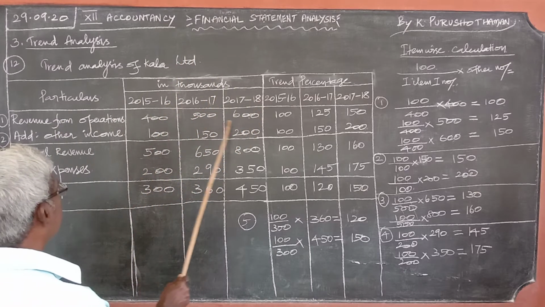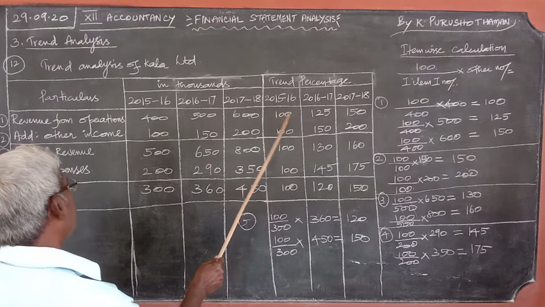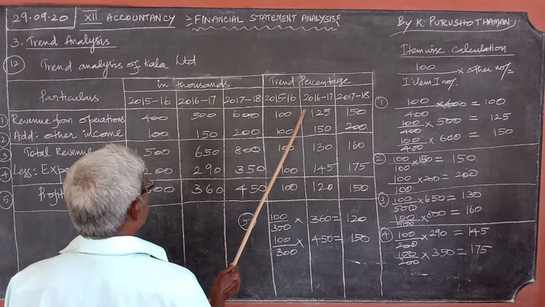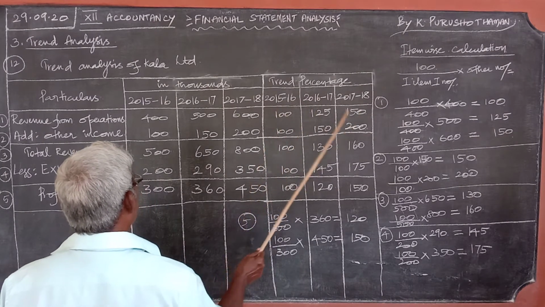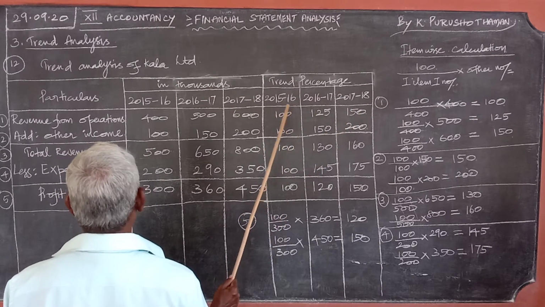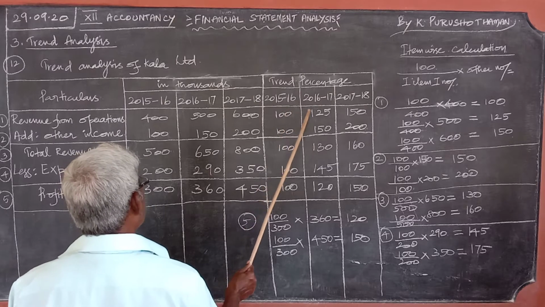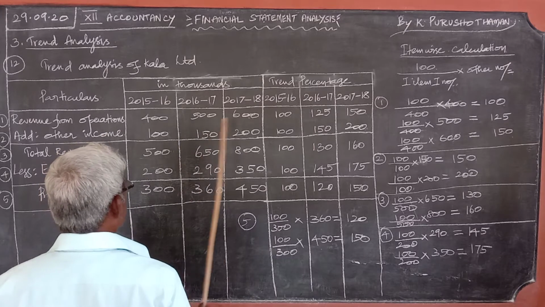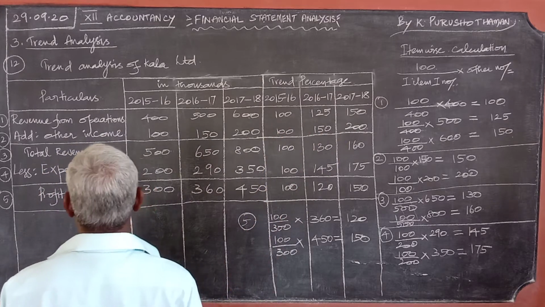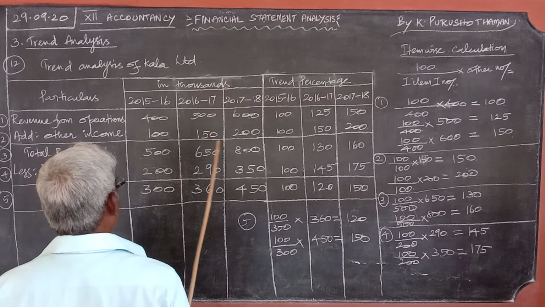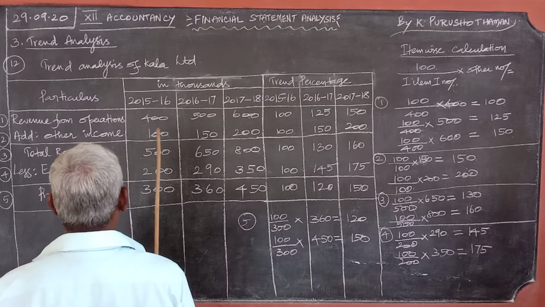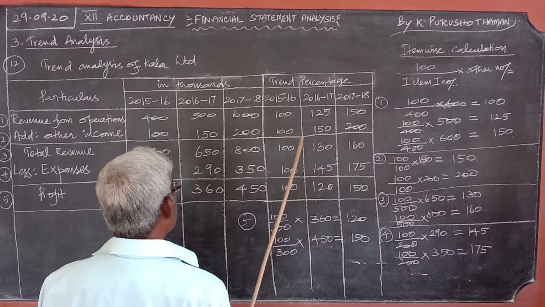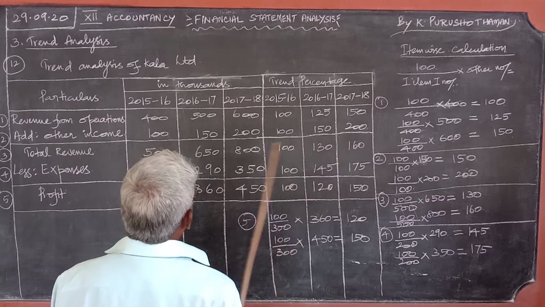So the first item is compared and given in percentage, showing whether it is an increasing or decreasing trend. Here revenue from operations is increasing, and other income is also increasing. Once these two increase, the total revenue will also increase. That means it is given in terms of percentage.